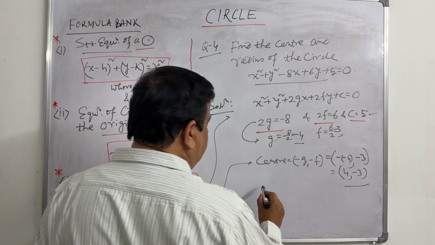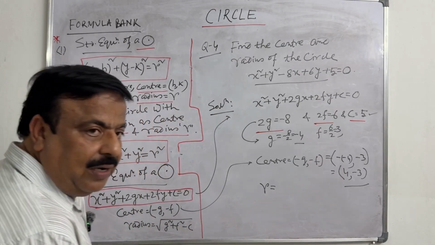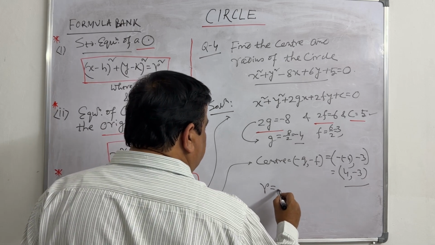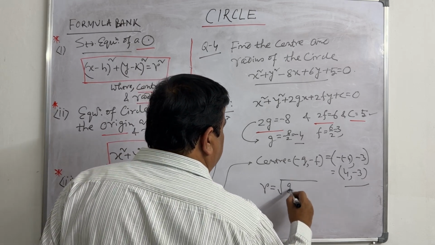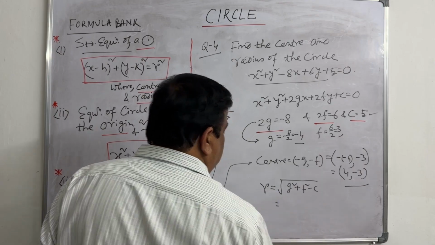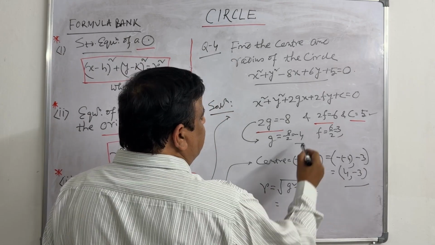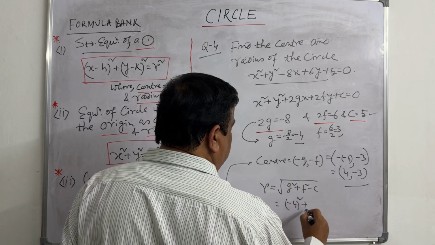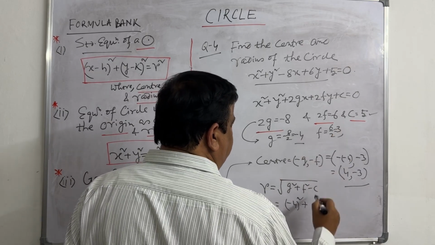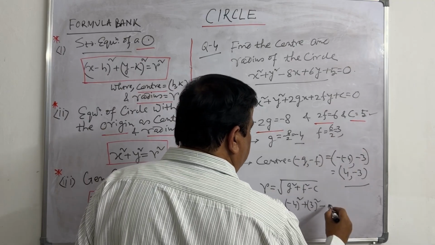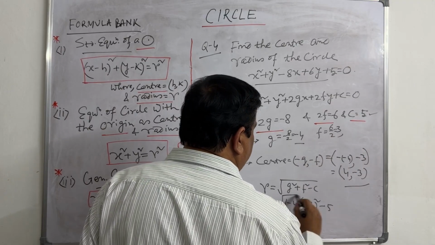And what is the radius? You already learned the formula. The radius is given by the square root of g square plus f square minus c. Put the values. g is minus 4, whole square, plus f is 3, whole square, and c is 5, so minus 5, all under the square root.